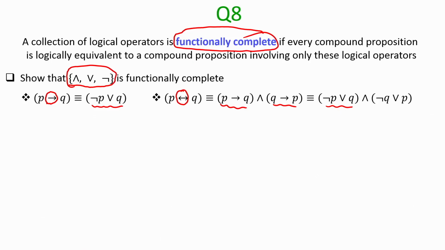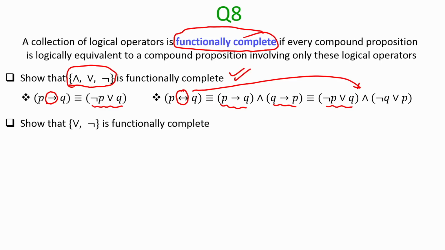So, now you can see that my original expression is converted into an expression where every operator is either conjunction, disjunction or negation. So, that shows that if you have these 3 operators, namely conjunction, disjunction and negation, you can represent any statement, any compound proposition, and hence this is a functionally complete set of logical operators.